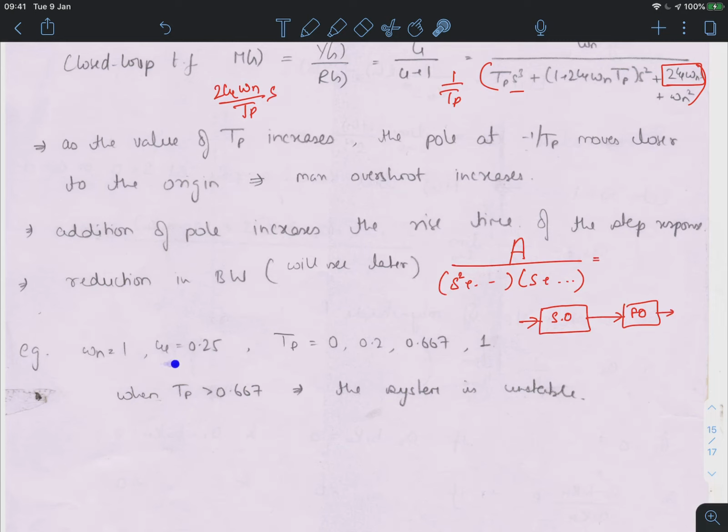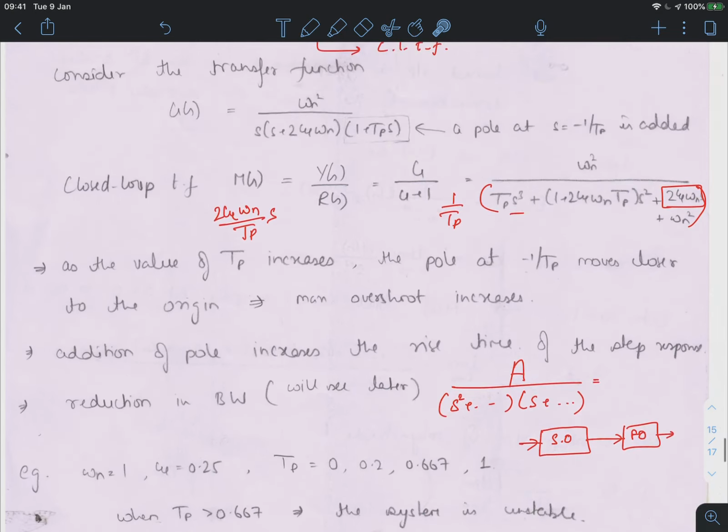These two parameters are of the second order system, and here we are adding a pole to make the system a third order system at four different locations. Plot the response for the four cases. You can do this in MATLAB, and you would notice that when tp becomes 0.667, the system would become unstable. So this is an interesting point.